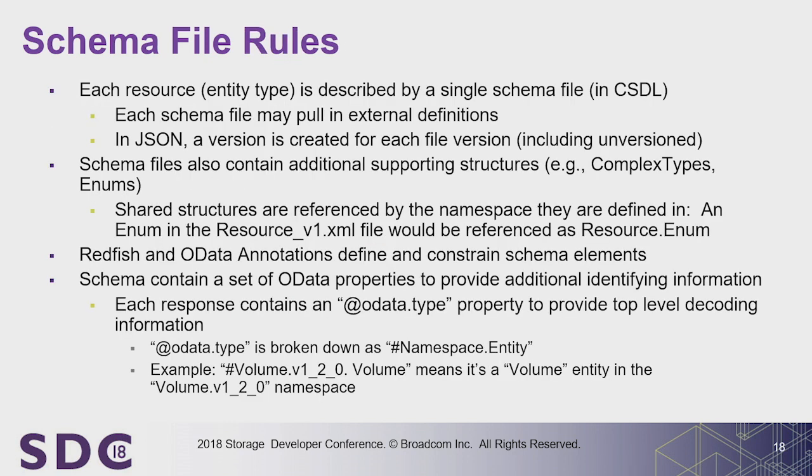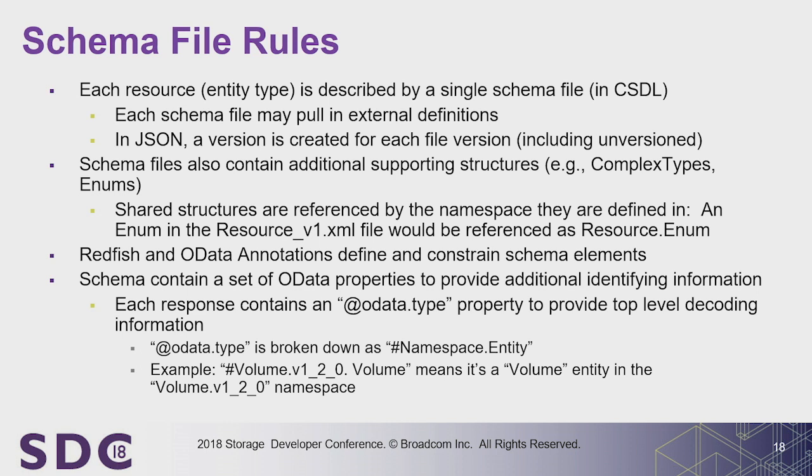Just a few file rules to note. Each resource is typically in its own file. There are a few places where, when you're looking for things, you will find multiple entities defined in the same file, where we have supporting structures defined: complex types, enums, some other things like that.